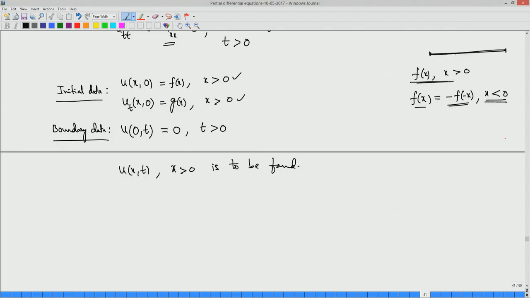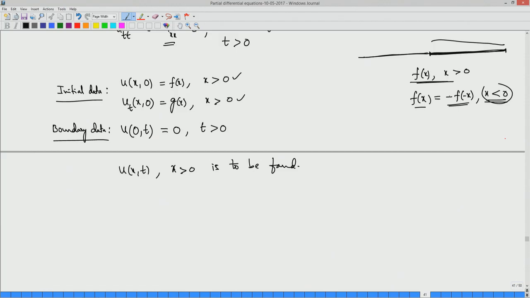Using the data here I extend it to the negative side. For x negative I simply take minus of f of minus x, because x is negative so minus x is positive, and that data I know. So f at the negative side is defined based on the data here.